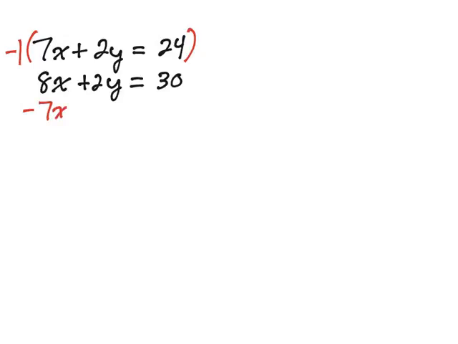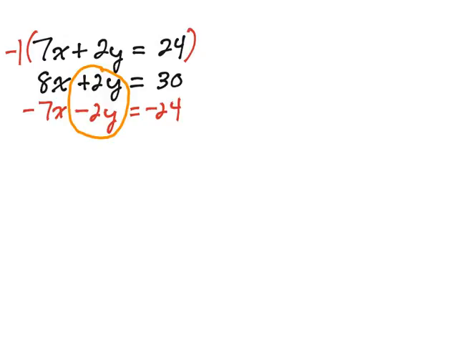Negative 1 times positive 2y is now negative 2y. And negative 1 times 24 is now negative 24. So now we've achieved our goal, which is to have a positive 2y and a negative 2y.